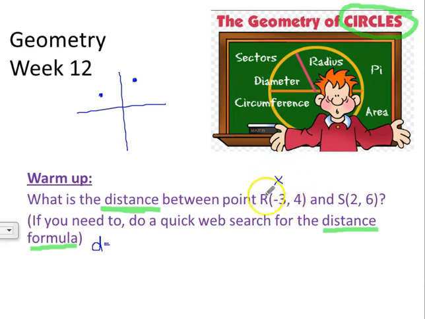So this is our first coordinate right here, the R coordinate. I'm going to call this x1, and 4 would be my y1, my first y coordinate. Over here, this is my second point, so I would call this my second x coordinate, x2, which is 2, and then the number 6 here would be my second y coordinate.